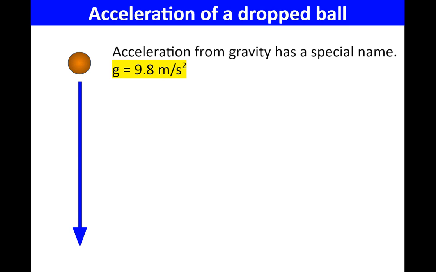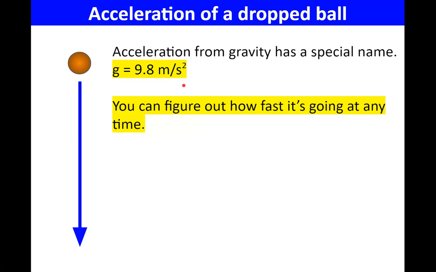I'm going to say that again. If you drop something, it gets faster. It goes from still when you drop it to getting faster and faster. It gets 9.8 meters per second faster every second. That's what this means.